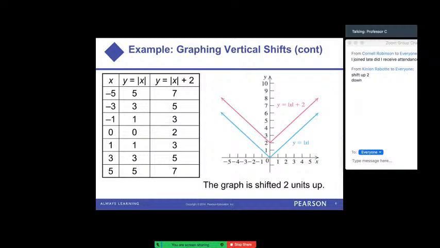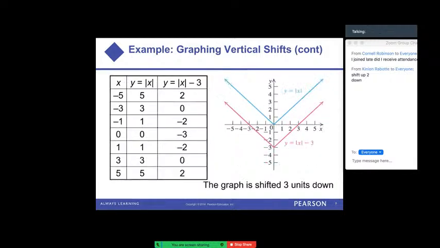If we subtract a positive on the outside of our basic function, we anticipate it going down. So we still have our values of x, the corresponding y's, the absolute value of those x values, and then the absolute value of x minus 3.